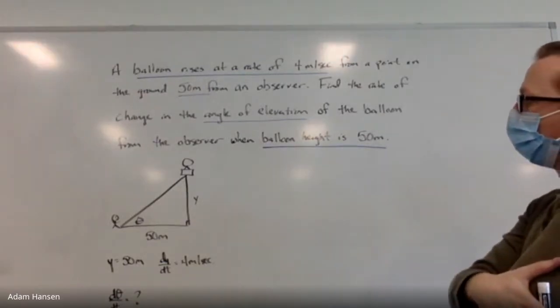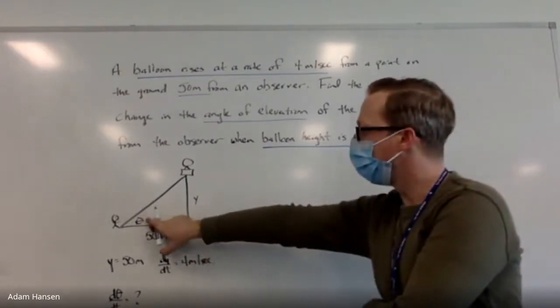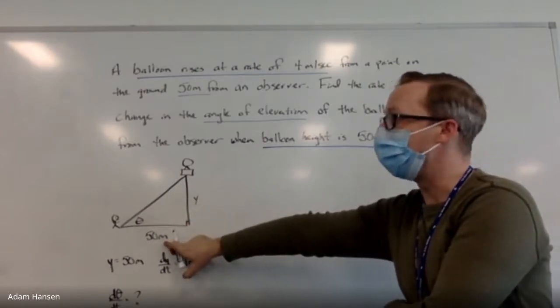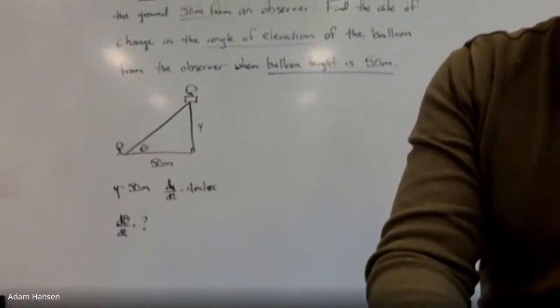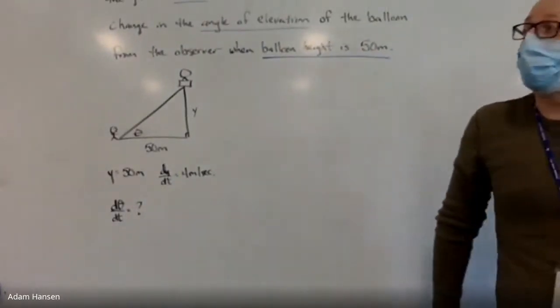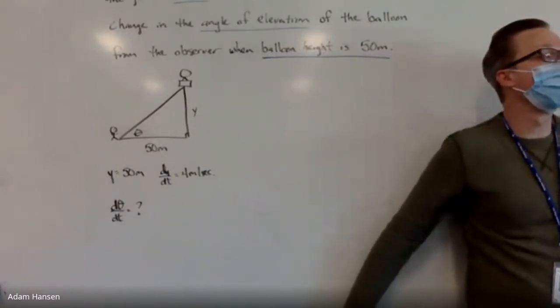So we need an equation between theta, y, and the 50-meter ground distance between the balloon and the observer. Since we're talking about angles in a right triangle, let's think back to good old SOHCAHTOA.